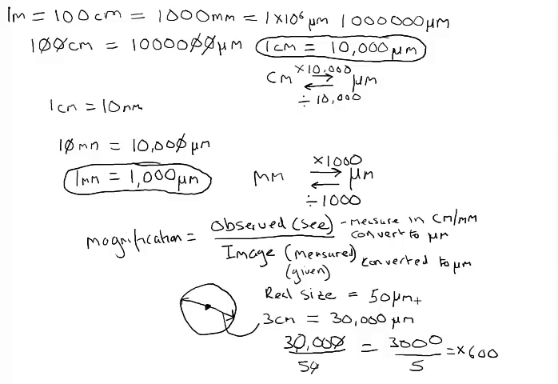Just to go over these points again. The observed, this is what you actually see. So, the image size is what is normally given. So in other words, you will have your object on the piece of paper or the exam paper questions, and there will be a real size or an image size.